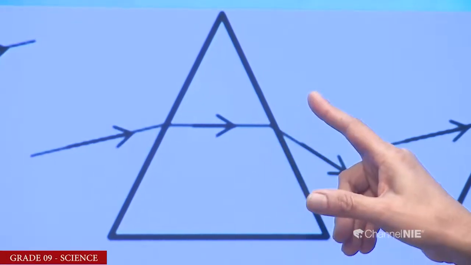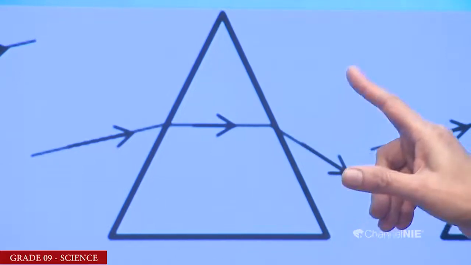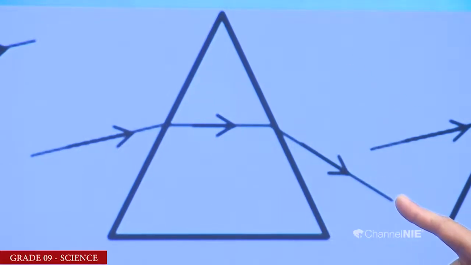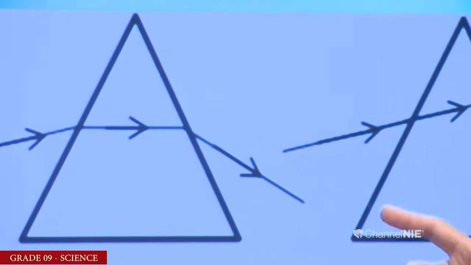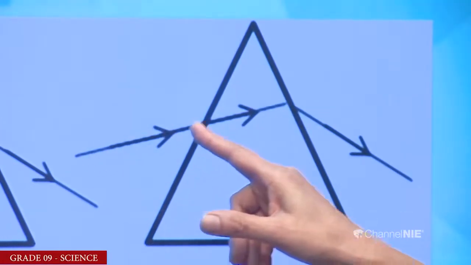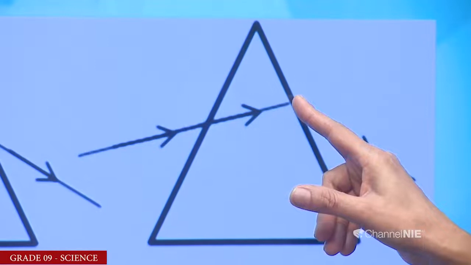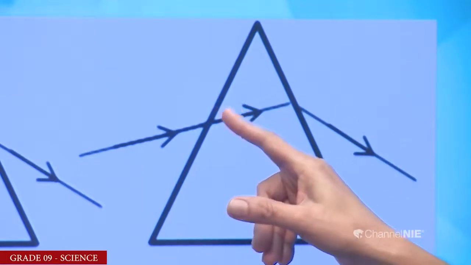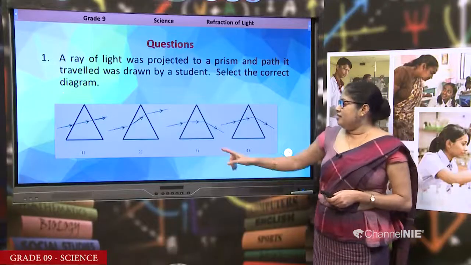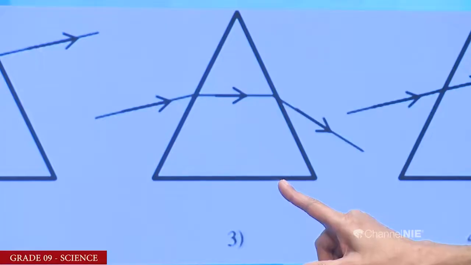At this point, if you draw the normal like this, the light ray is bending away from the normal after getting refracted through the prism. Let us see the fourth answer as well. The incident ray is directly going through the prism and refracted in this way. So, it won't happen like this at this point. So, the correct answer is this, number 3.